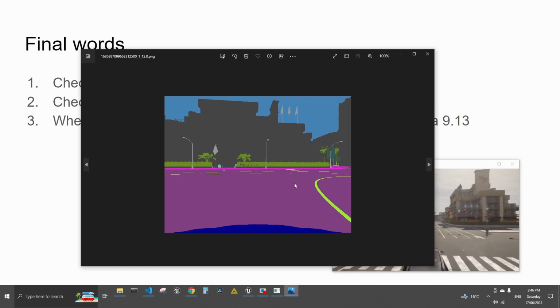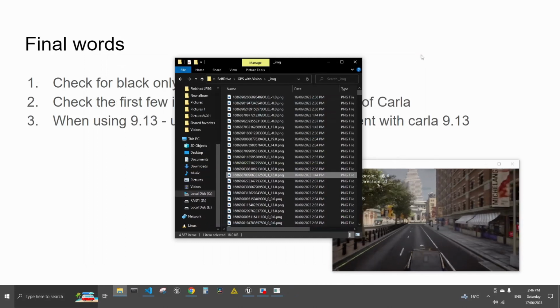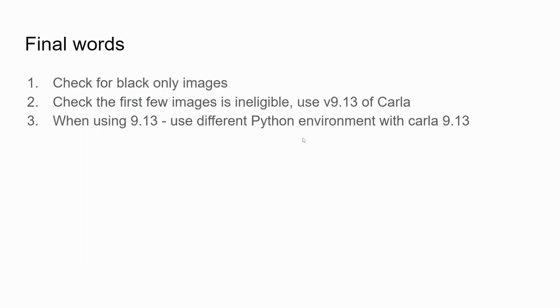They need to look like this. And if you see something that is completely illegible, it means you need to do this in version 13, the previous version of Carla. And when you switch to Carla 13, you also need a different Python environment that uses version 13 of Carla Python. Okay, with that, hopefully it wasn't too tedious.